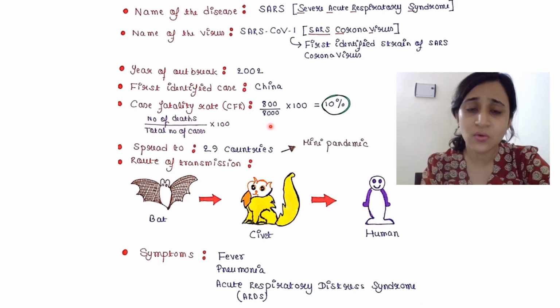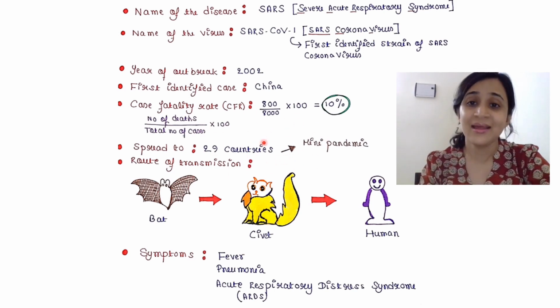And among those 8,000 people, 800 people died. So, 800 divided by 8,000 into 100 yields 10%. So, the case fatality rate was 10%. The virus has spread to 29 countries. That's why I am calling it a mini pandemic.